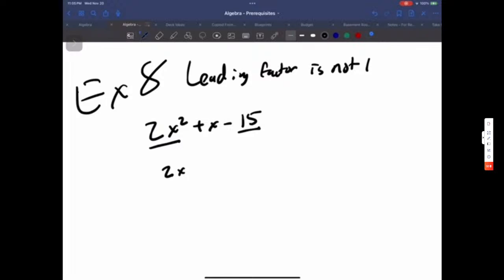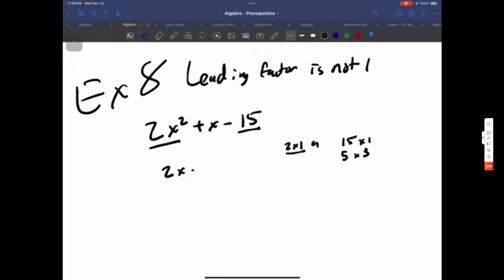So you have 2x, and then 15 factors into, so let's look at 2 times 1 for A, that's it. 15 is 15 and 1, 5 and 3, and that's it. So you have multiple ways that can be arranged.